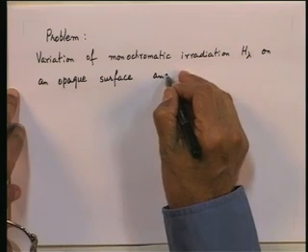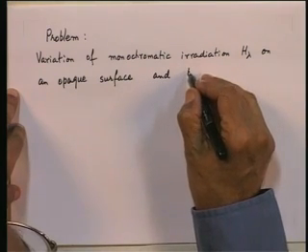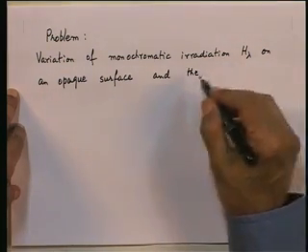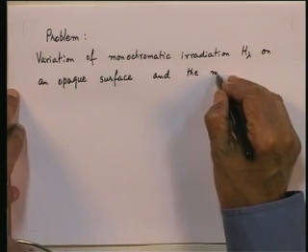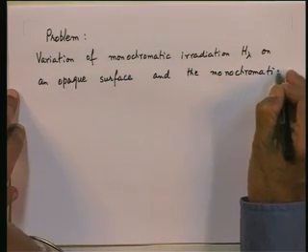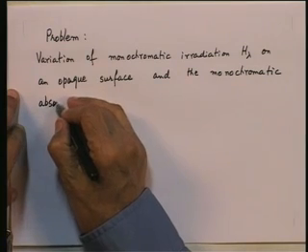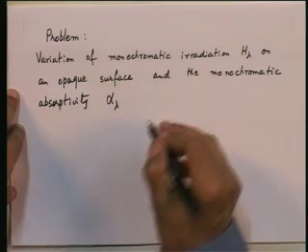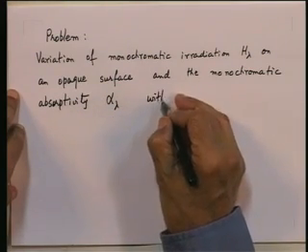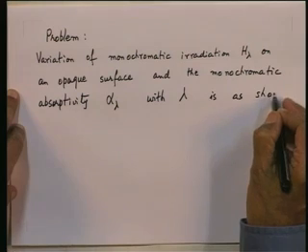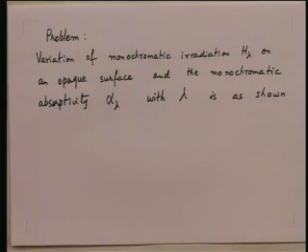and the variation of the monochromatic absorptivity, that is alpha lambda, with wavelength is as shown. For a given surface, this is the variation, some variation which I am going to show now.